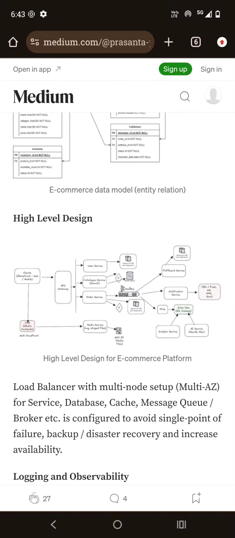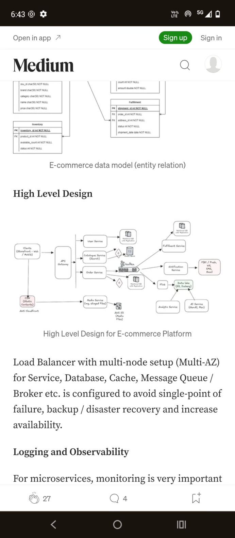Then you can feed all this data into a separate database, MongoDB or any other NoSQL database, and from there you can feed this data to centralized monitoring tools. You can use Elasticsearch and Kibana, or some other best monitoring tools available in the market.